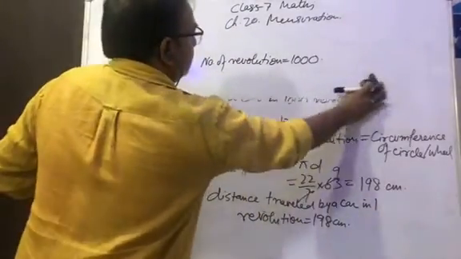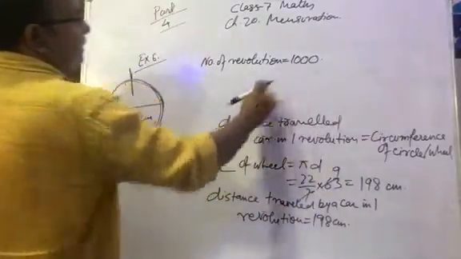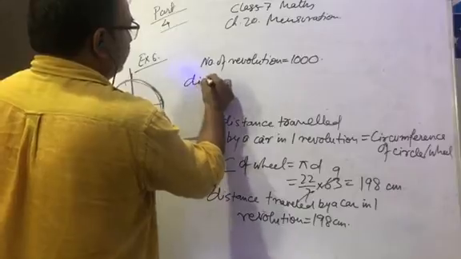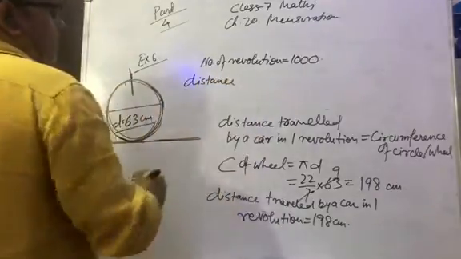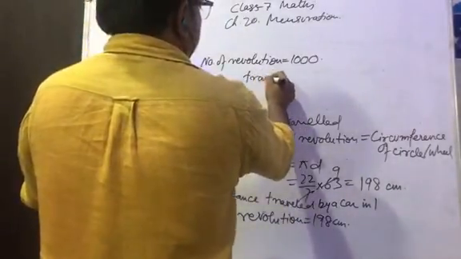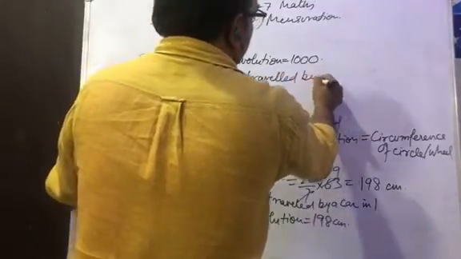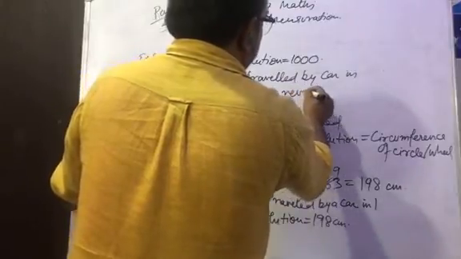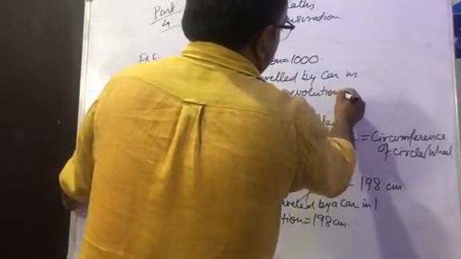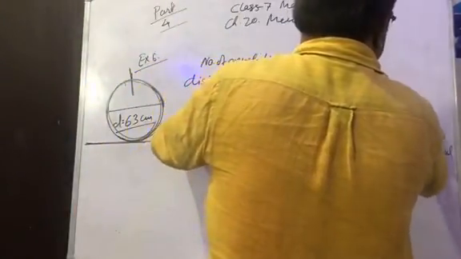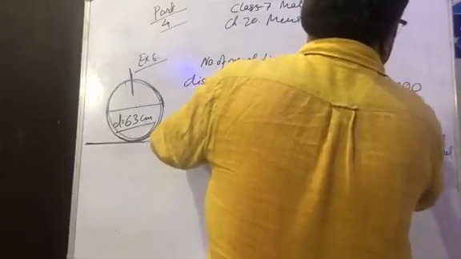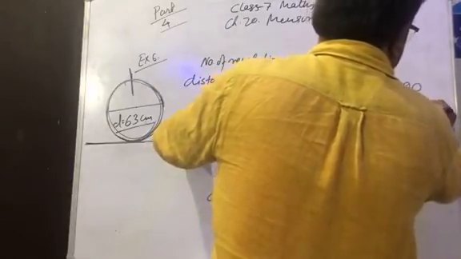Now we have to find the distance covered in 1000 revolutions. So distance traveled by a car in 1000 revolutions is equal to 198 multiplied by 1000, which is equal to 198,000. It is in centimeter.